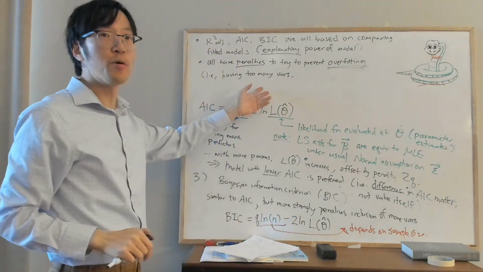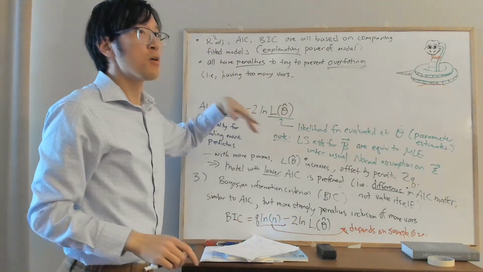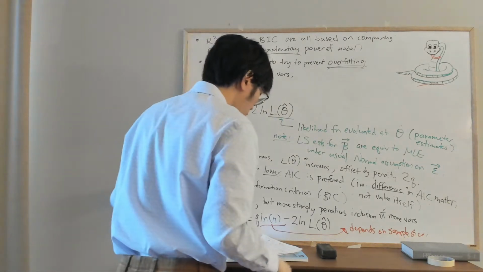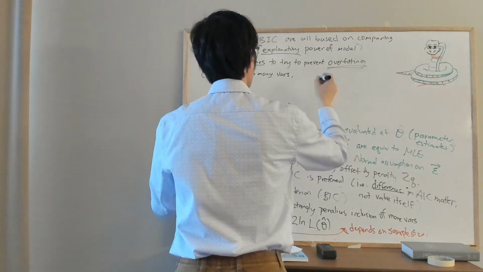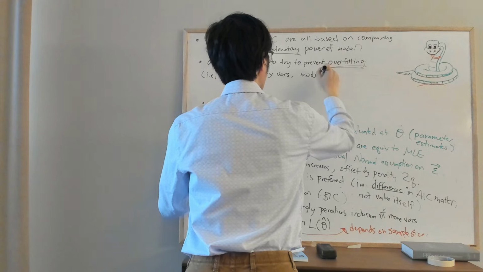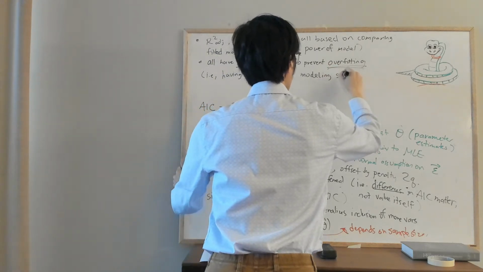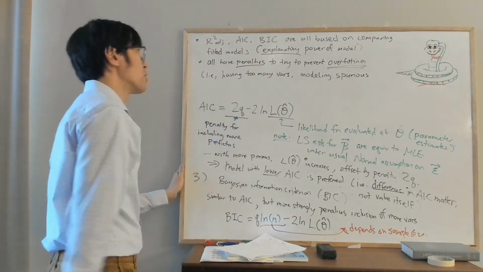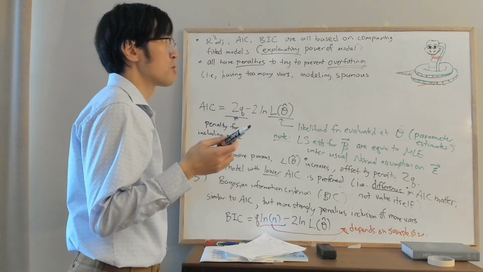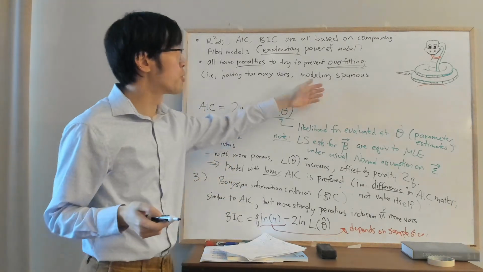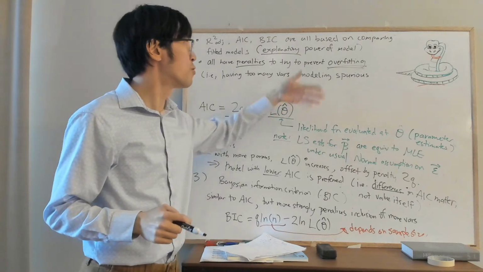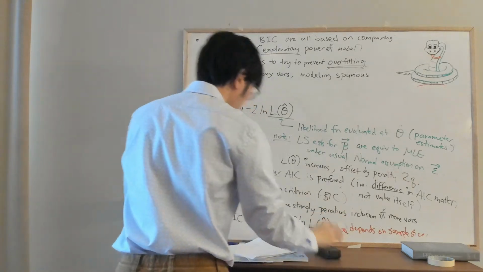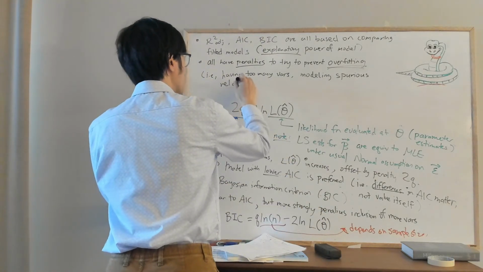When you have too many variables, you might be considering relationships between variables that are actually spurious. You might be modeling spurious relationships when it's actually just noise, taking the case where there's actually no relationship between some variables, but you overfit. So in words, you're modeling spurious relationships that are actually noise.